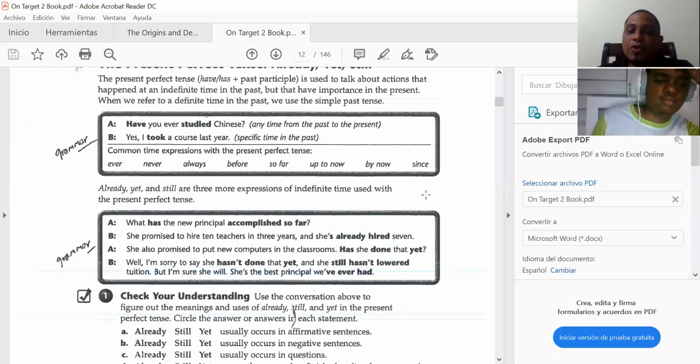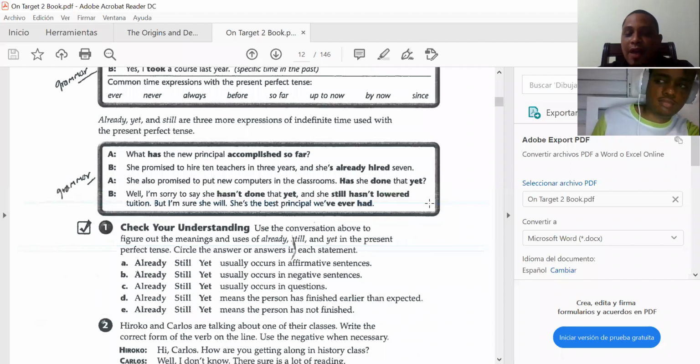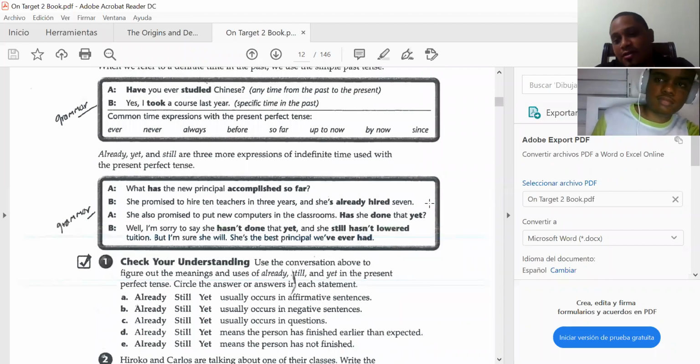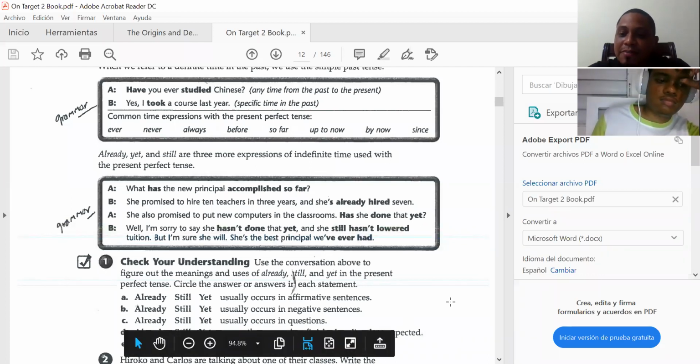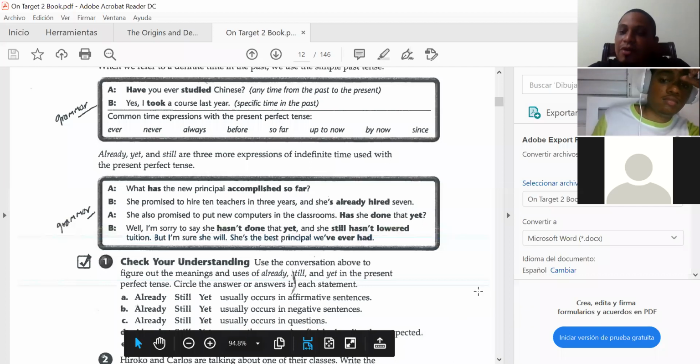Okay, now, do you guys remember, there are many differences, but do you remember one difference between the present perfect and the simple past? You have to raise your hand, remember. Like on Zoom, click on participants and you click where it says raise hand.